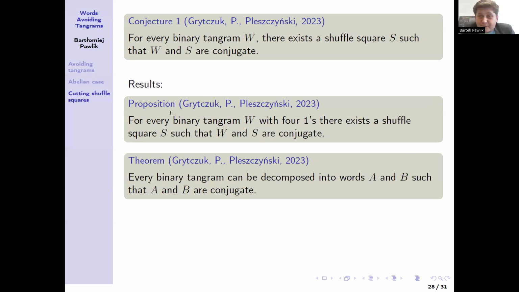We had partial results: for every binary tangram with, for once, there exists a shuffle square such that W and S are conjugate. And this is based on the Goldberg-West theorem, this result.